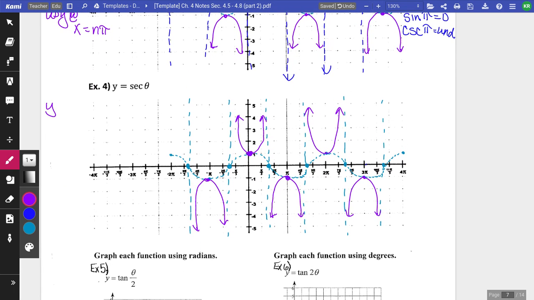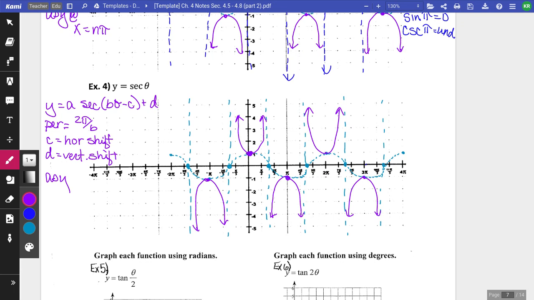For the secant, same thing: y equals a secant of b times theta minus c, plus d. Again, your period is going to be 2 pi divided by b. C is going to give you a horizontal shift. D is going to give you a vertical shift.